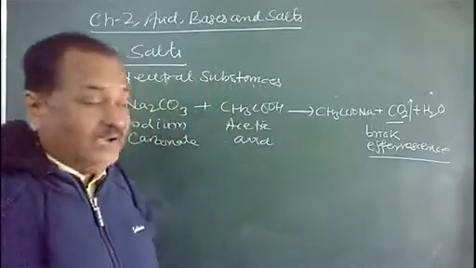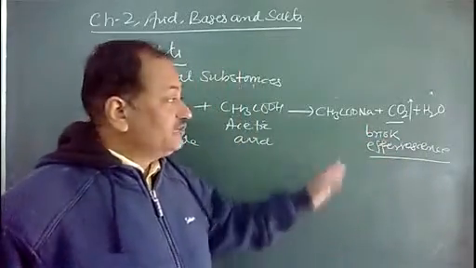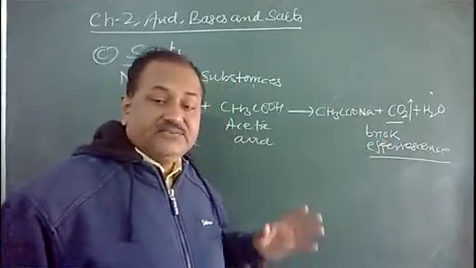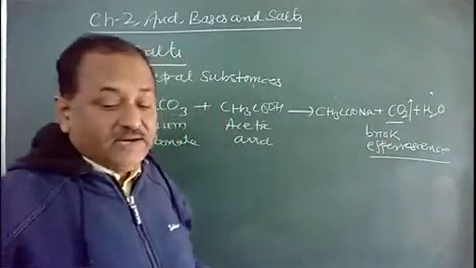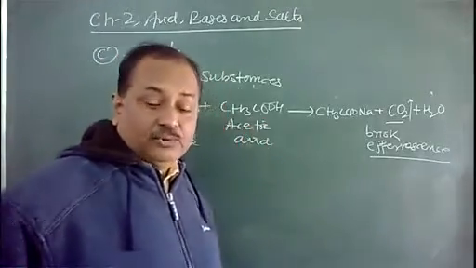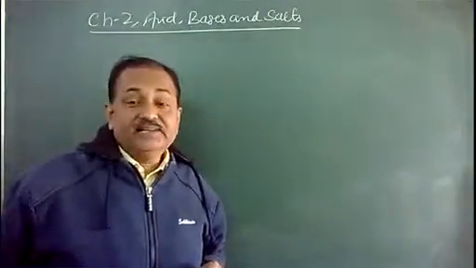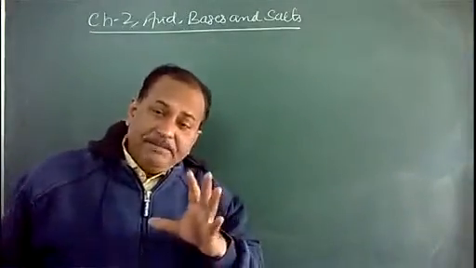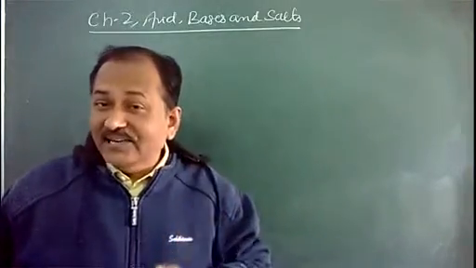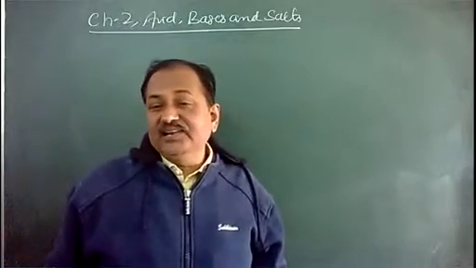Children have to keep in mind that whenever CO2 is released in any reaction, it is called brisk effervescence. It is fixed for any reaction, and so it is the condition we have to take into mind. This is a very important point. Brisk effervescence means the sound which is coming very fast and is unclear. I am citing a very important example.